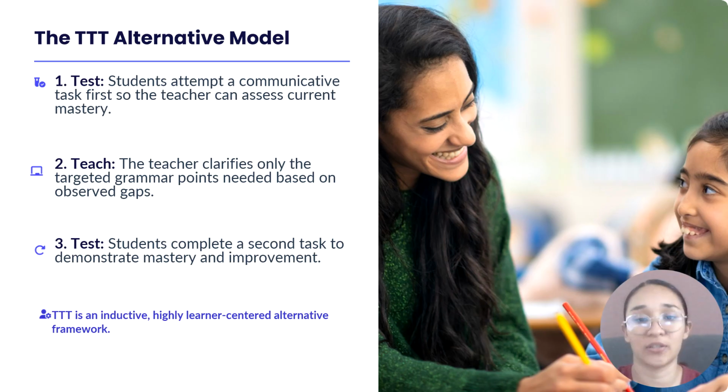Another teaching method is the TTT alternative model. TTT means test, teach, and test. First, students complete the task without any explanation given, and then the teacher checks any mistakes and finds any needs that the students have.